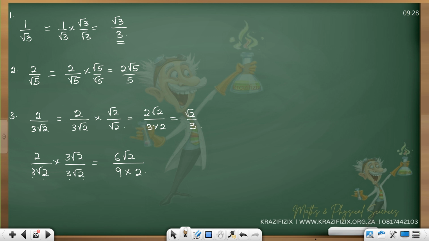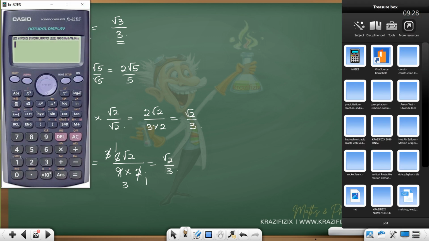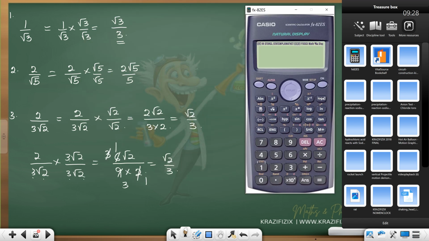And then if you do that, you would notice 2 here, 1, 2 here, 3, 3 here, 1, 3 here, 3. So you probably did something wrong while you were simplifying. And let's confirm. 2 over 3 root 2.